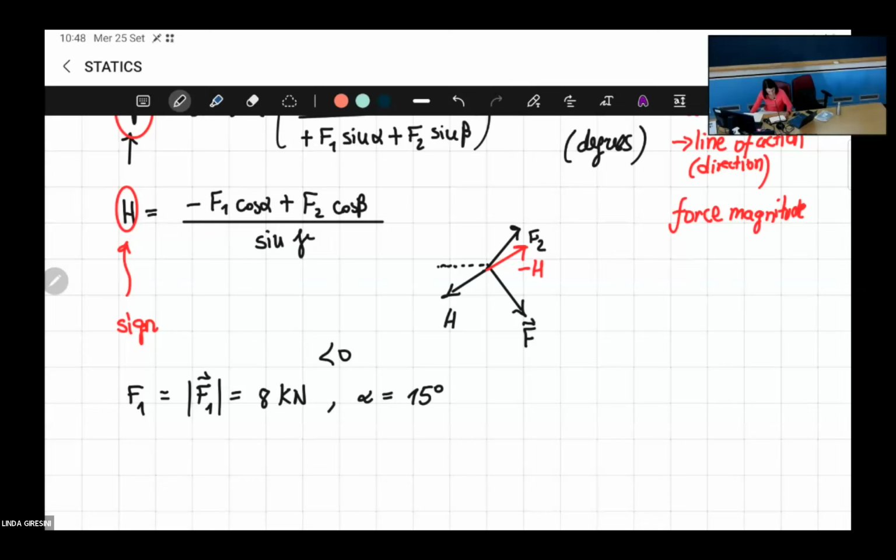Then I took F2, which again is the magnitude of this vector, which is 25 kilonewtons, so much higher, more than 3 times higher, with beta equal to 20 degrees.